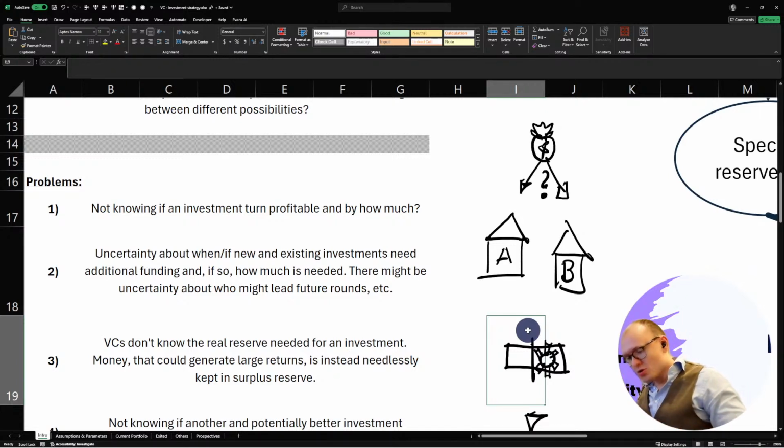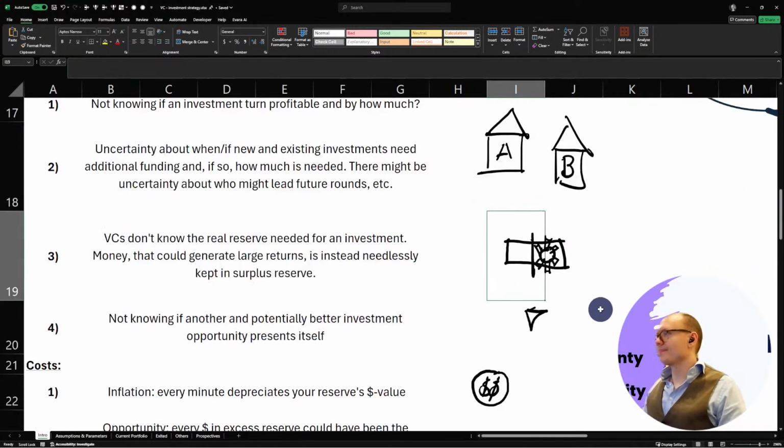Now, if we know that you're going to have a bigger bag here in A, but over here on the right, we might have a much bigger bag.